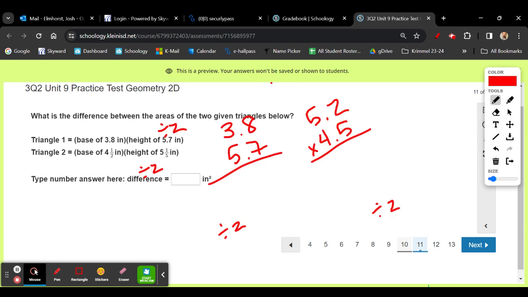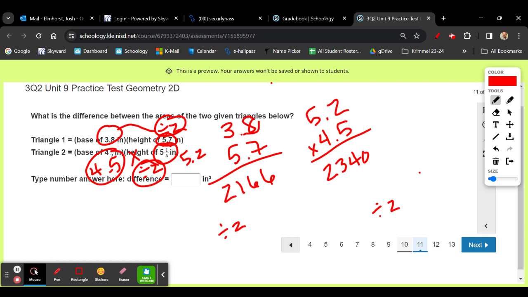Number 11, we're going to multiply base times height, and it's a triangle. We're going to divide that by 2, and we got 4.5 times 5.2, and then we're going to divide that by 2 also. Go ahead and work that out.